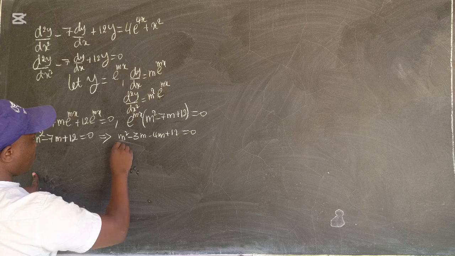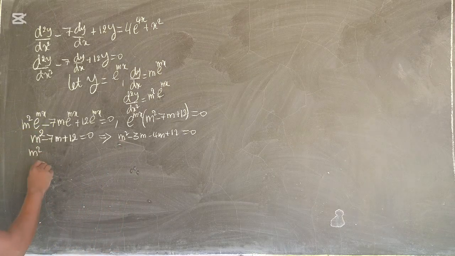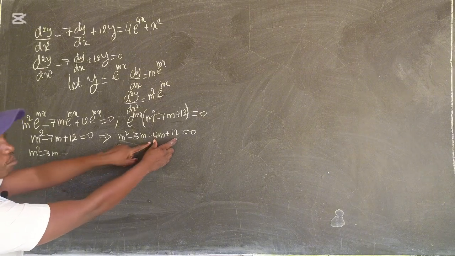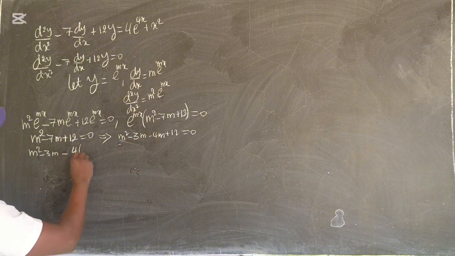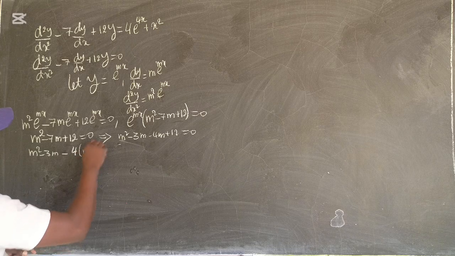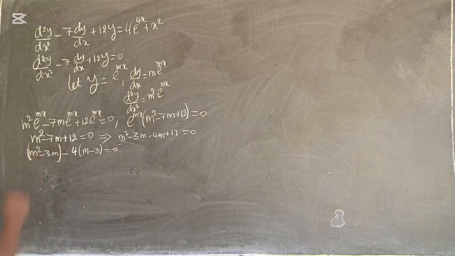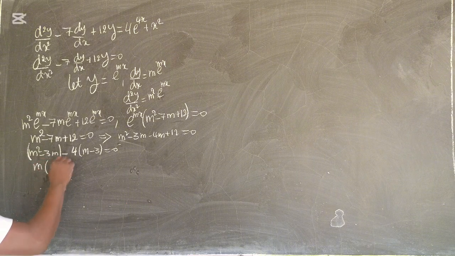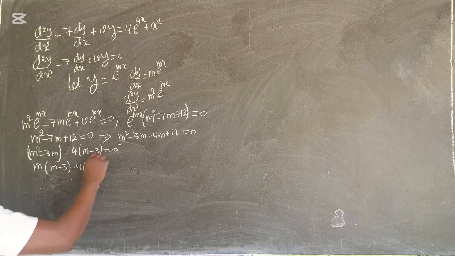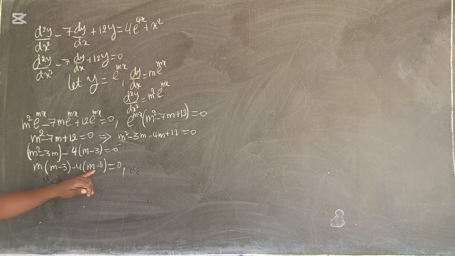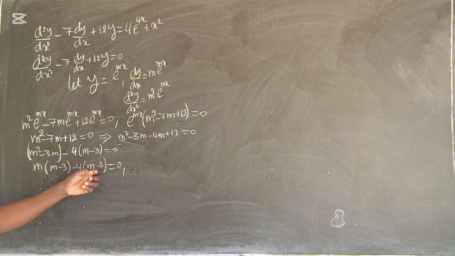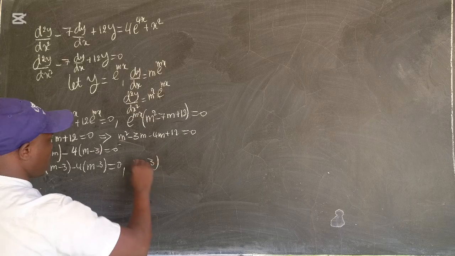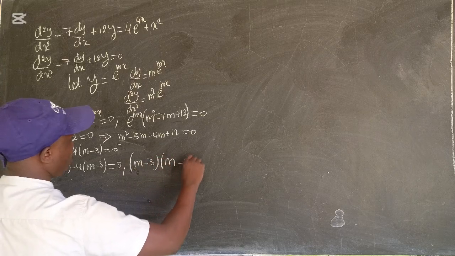We have m square minus 3m, minus 4 factorized, m minus 3, which is 0. Factorized by m, we have m times (m minus 3) minus 4 times (m minus 3), which is 0. This m minus 3 is common, a factor of this equation. You have (m minus 3) times (m minus 4), which is 0.